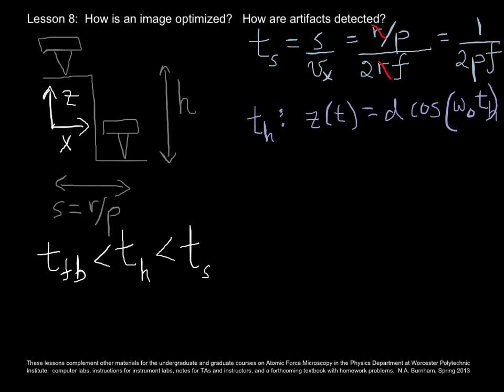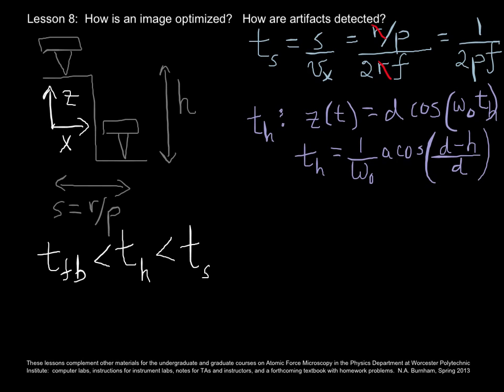So we solved that equation for time a few slides ago, and we came up with 1 over the resonant frequency the arc cosine of the quantity z over d. Now, in this situation, we don't exactly have z, but we have the equivalent: it's the deflection minus the height of the cliff.